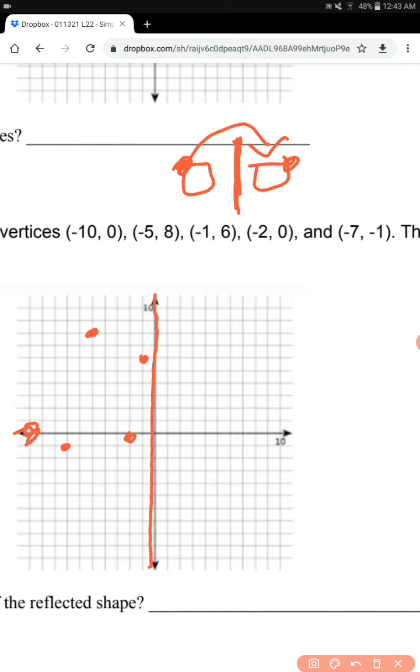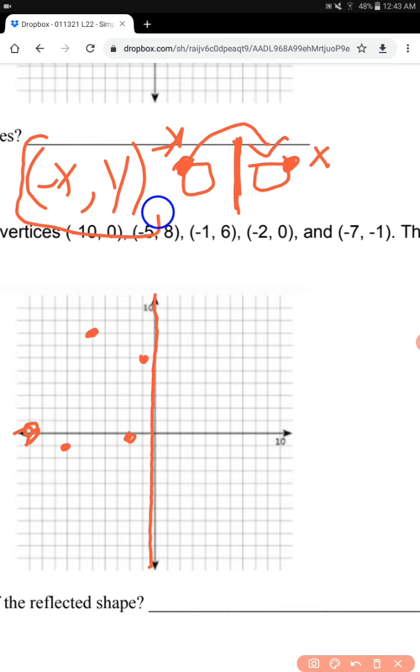It stays on the same vertical level. So y will remain the same. But the x value becomes the opposite. So if this x value is x, then this opposite would be negative x. So negative x, y, this would be your formula in this case.